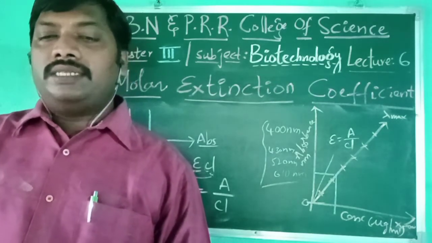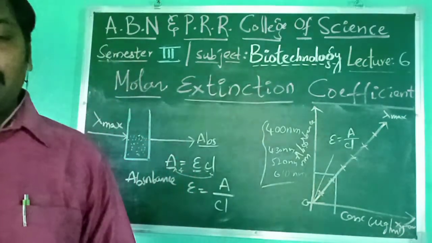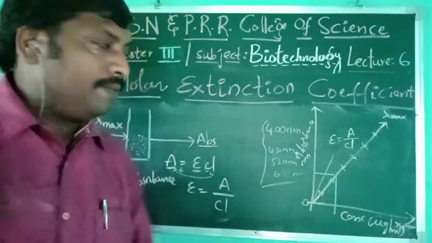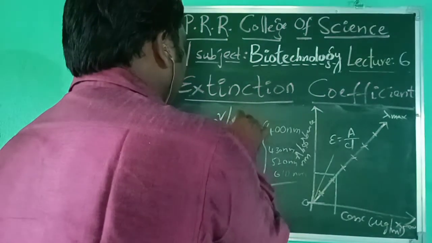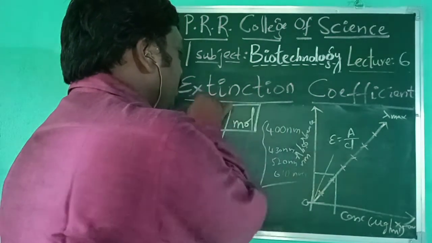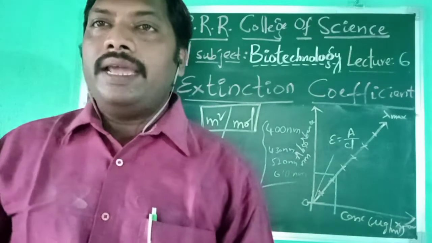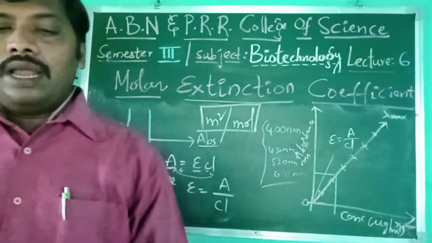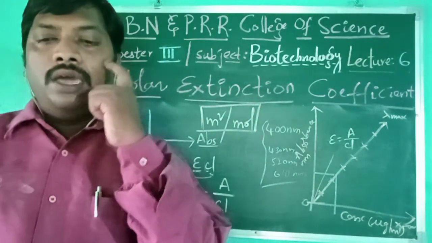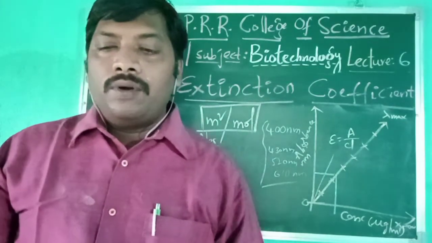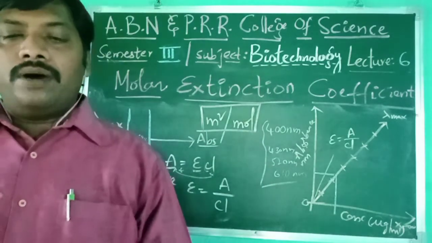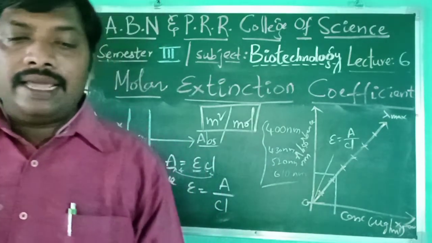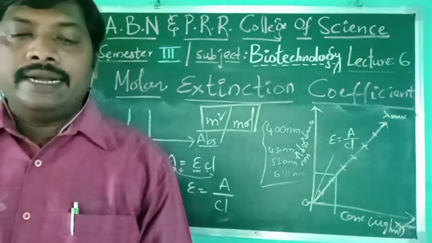The SI unit of the molar extinction coefficient is square meters per mole. In biochemical calculation, the molar attenuation coefficient of a protein depends exclusively upon the number of aromatic amino acids, particularly tryptophan.